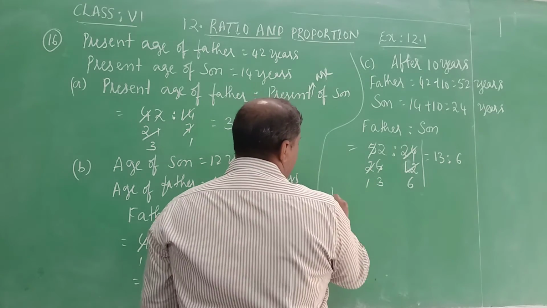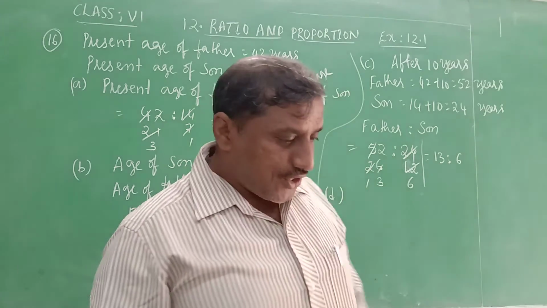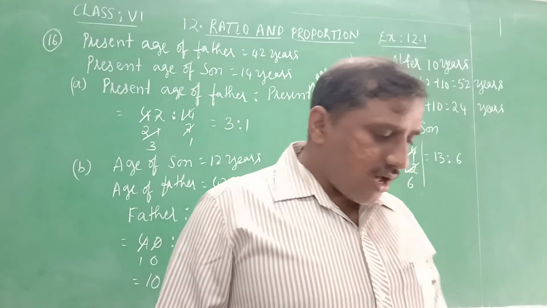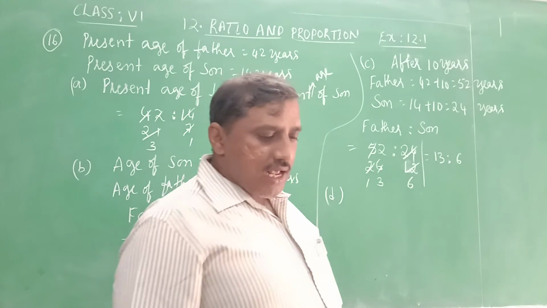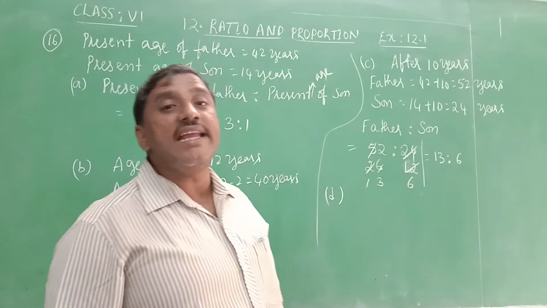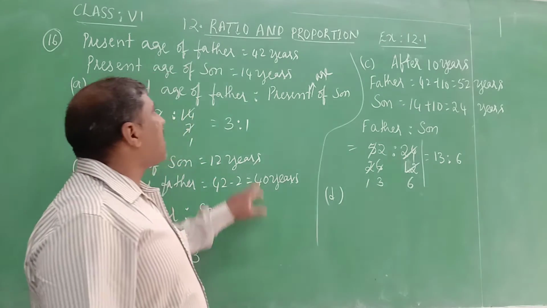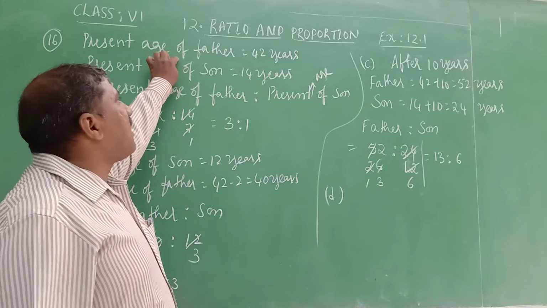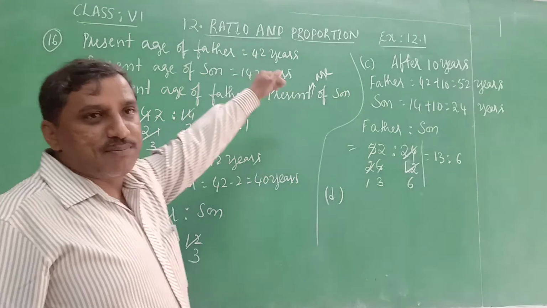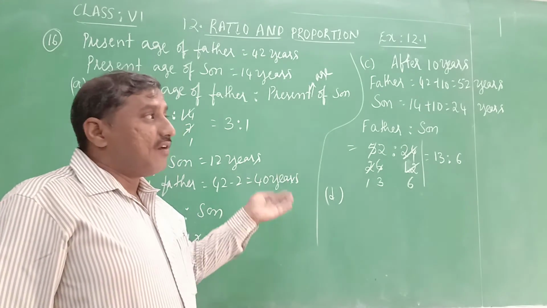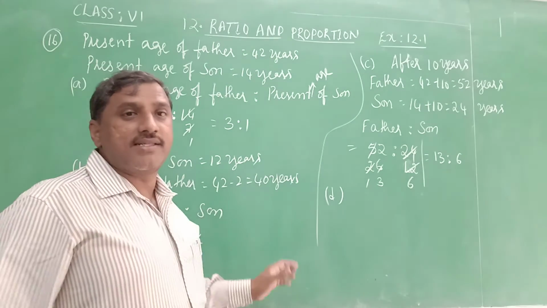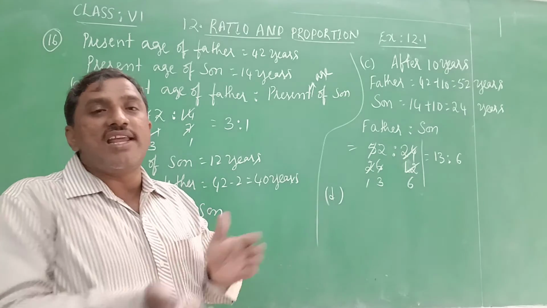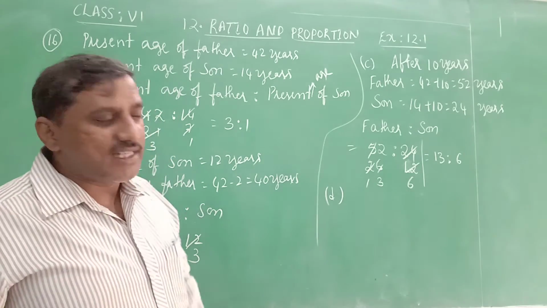Next we have the D bit. Find the ratio of the age of father to the age of son when the father was 30 years old. The present age of the father is 42 years. When he was 30 years old, it means 12 years before.